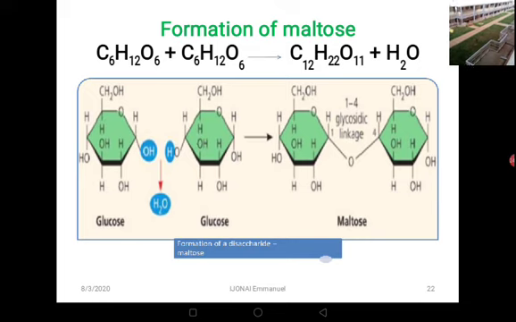The blue rings are the OH and the H that combine to form water, and then the bond forms between carbon atom 4 and carbon atom 1. Then you form what we call a 1,4 glycosidic bond, the bond between carbon atom 4 of one glucose molecule and carbon atom 1 of another glucose molecule when water is lost. That bond which forms there is called the 1,4 glycosidic bond, and then you have maltose there.